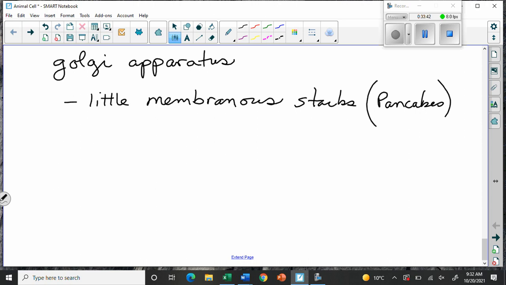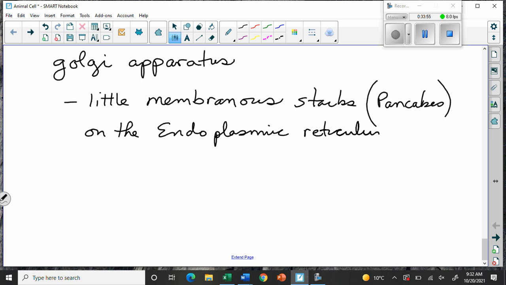And they're actually on the endoplasmic reticulum. In fact, they're probably extensions of the endoplasmic reticulum membrane, just kind of wrapped up. But they're sections of it that do a very special job. So remember what happens in the cell.